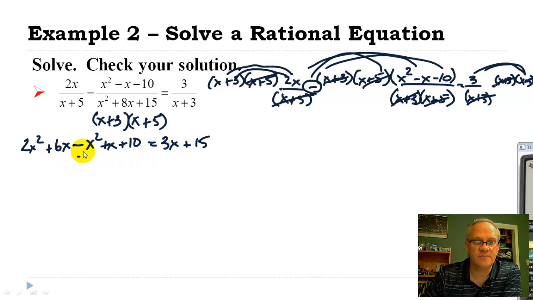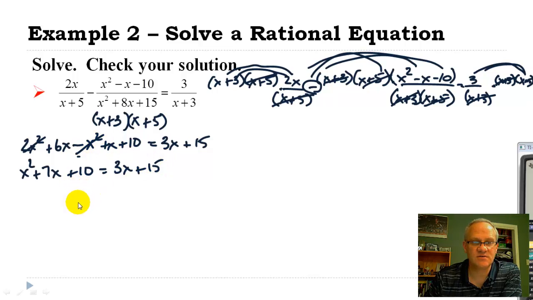So I'm going to go here. I've got 2x squared and minus x squared, so that's going to give me 1x squared. I've got 6x plus 1x is 7x. And then I've got the plus 10. So I got all the stuff on the same side together. Let's move this x over, minus 3x.